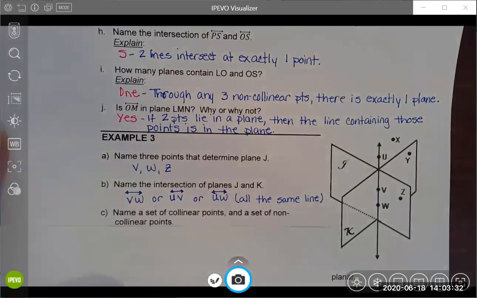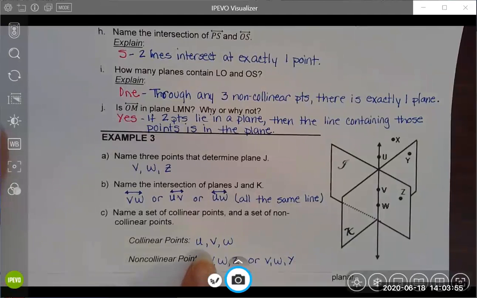Name a set of collinear points and a set of non-collinear points. Well, all the points that we identified up here would be collinear. They live on a line. So my collinear points would be U and W. Non-collinear points, as shown, would be V, W, and Z, or V, W, and Y. If I take off any one of these, the points become collinear, but because there's 3 of them, they are non-collinear.